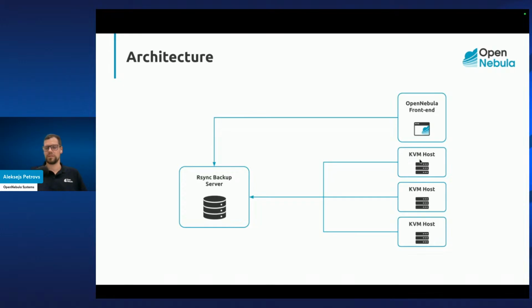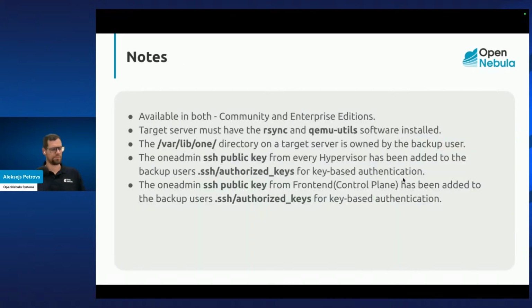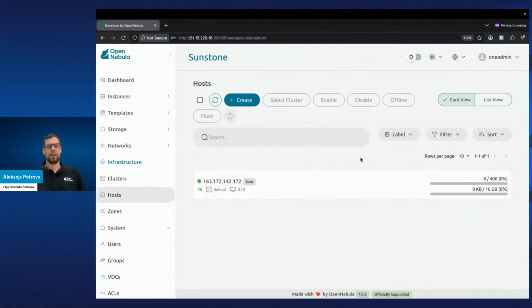But since I'm running only one KVM host, so only one hypervisor, I don't need to perform this step once again. Good. So the keys are there, meaning that both nodes can connect to the backup node.